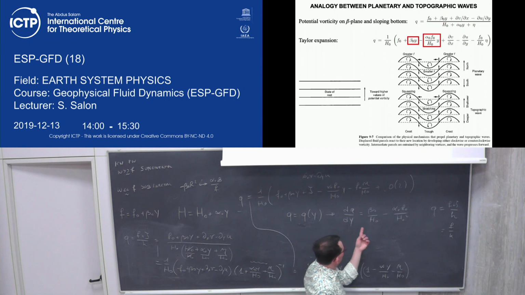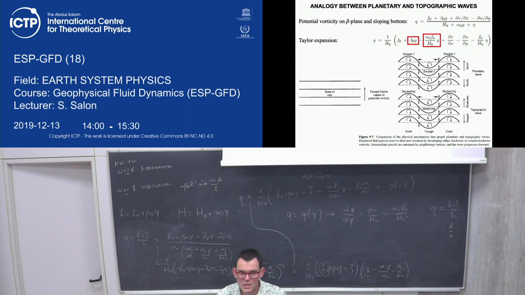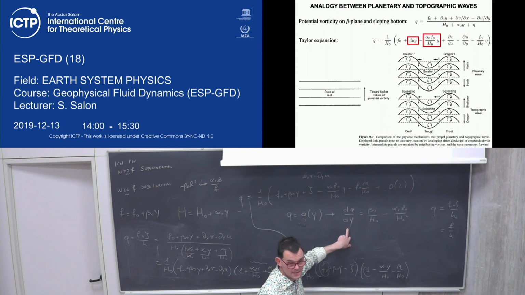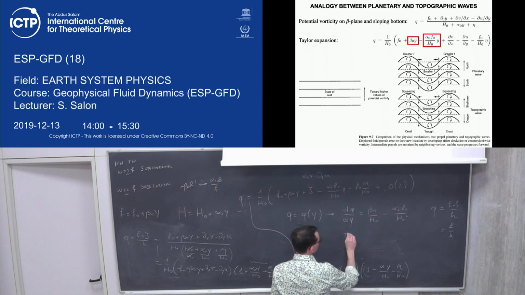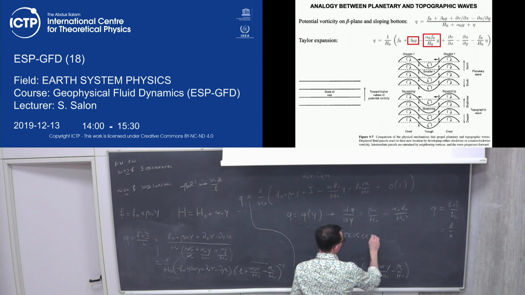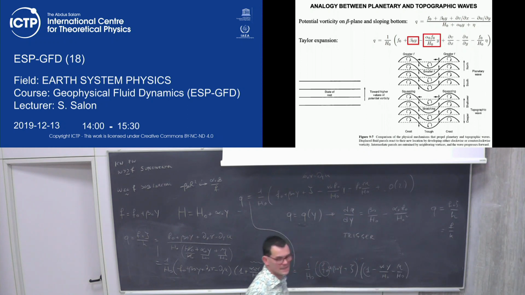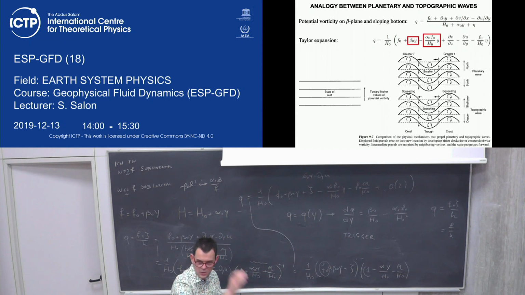So we can think that the origin of the Rossby waves and the topographic waves stands in the existence of a gradient of the potential vorticity. The potential vorticity gradient is what we call the trigger, or as Cushman says, the bouncing effect. So the fact that you have something like the famous stone in the pond that creates the wavy phenomenon.